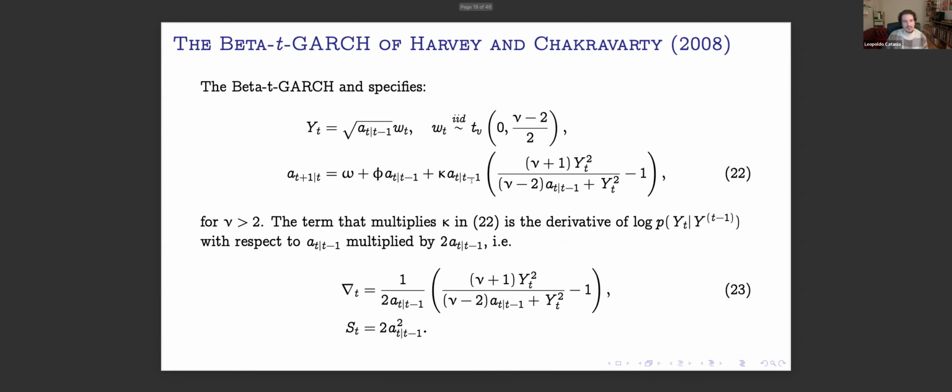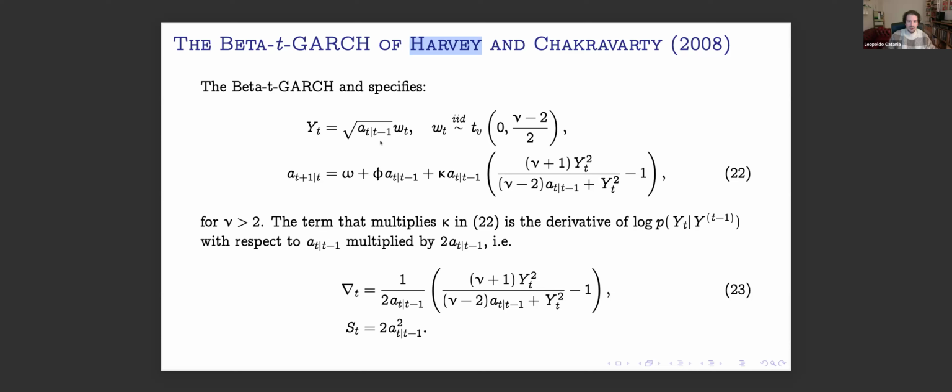For example, let's focus on this beta-t-GARCH model. This is a model proposed by Andrew Harvey and Chakravarty in 2008. It is one of the very first score-driven models. The idea is to generalize the GARCH model.